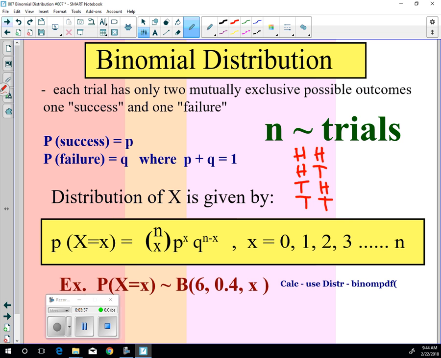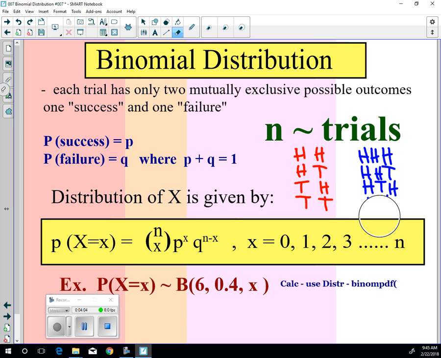Now let's say we flipped it 3 times. What are the chances of getting 1 head this time? Yeah, it's head, head, head, head, head, tail, head, tail, head.